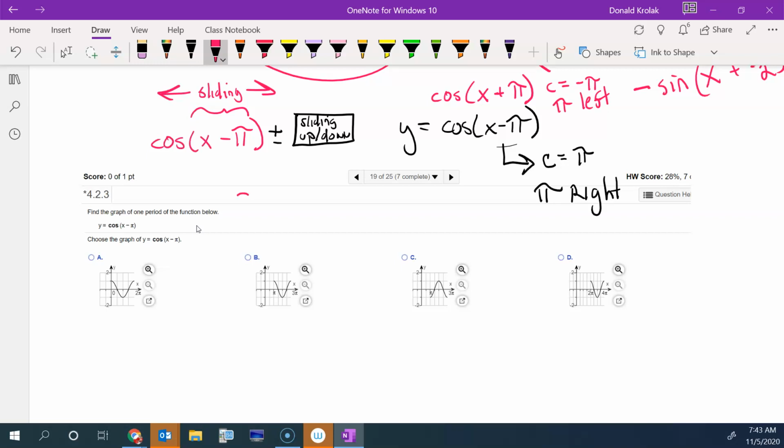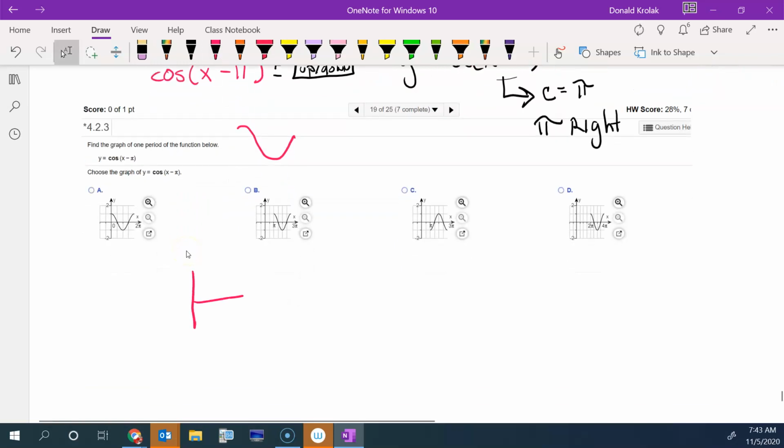So we're going to look for a cosine that slid pi left. Here's our normal cosine. But now, instead of starting at 0, 1, it's going to start at negative pi. This is a tough one because there's no negative pi's on here.